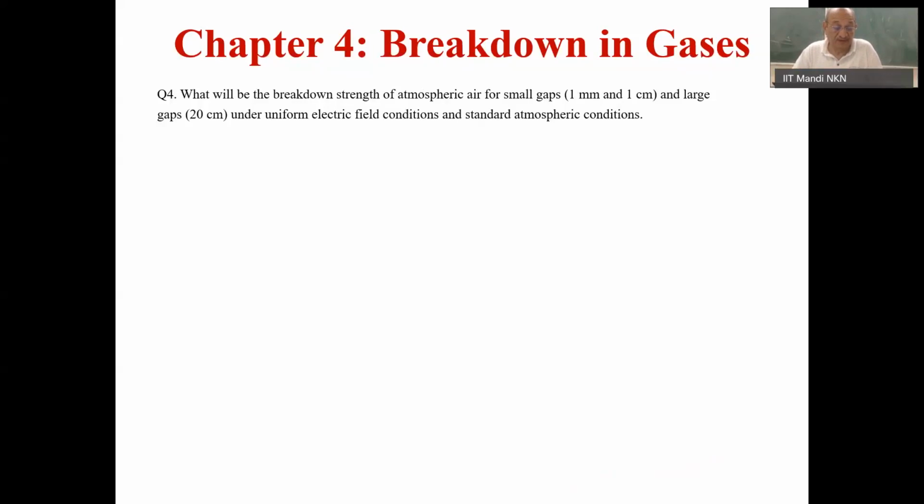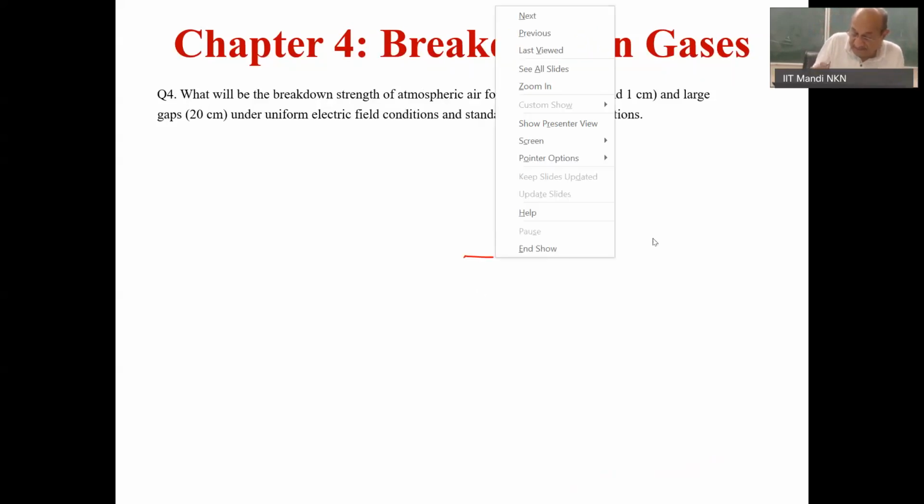gaps of 20 centimeter. When we consider longer gaps, it will be completely different, and under uniform field conditions and under standard atmospheric conditions. That means you consider a uniform field electrode system. You remember the uniform field electrode system we take.